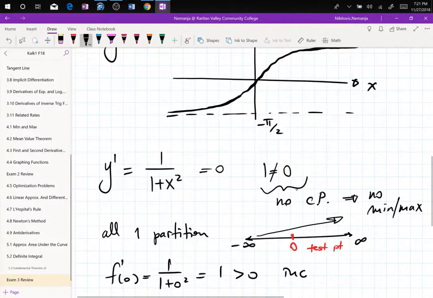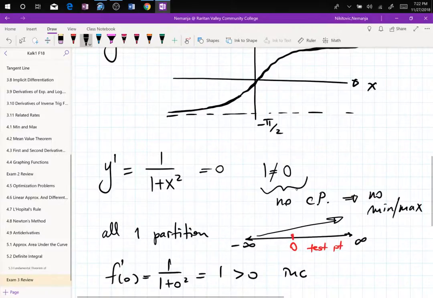We get that the function is increasing on the entire domain, which we can see because I gave you the graph. The inverse tangent graph is something that you should have memorized all the time because it's going to come up many times. And as you are looking at this graph, it's clearly increasing everywhere.